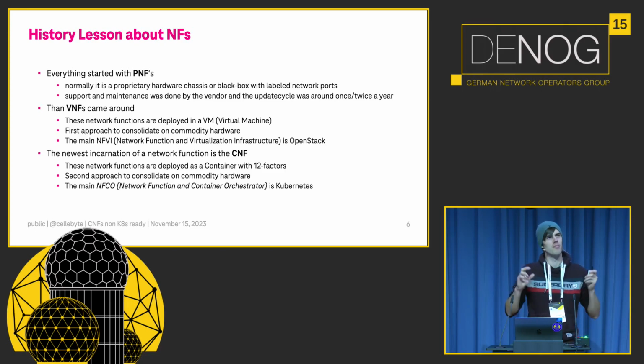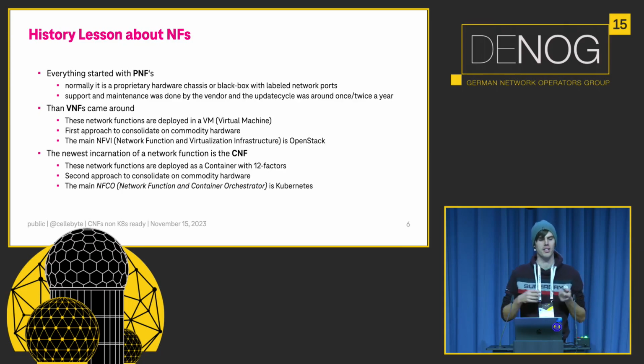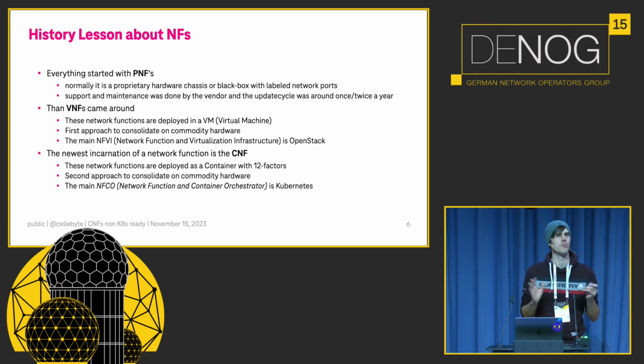So they made a whole standardization framework around virtualizing network functions and standardized it, and they called it then an NFVI, which was a network function virtualization infrastructure, and mainly back then OpenStack was the way to go because it was cheap in comparison to other virtualization platforms. And that was the first approach to run it on commodity hardware.